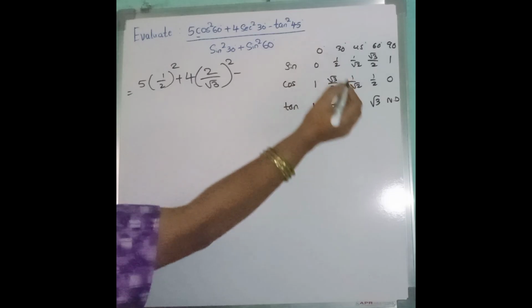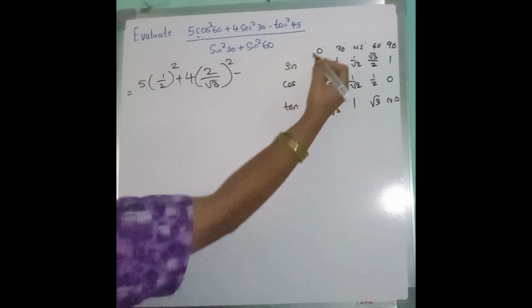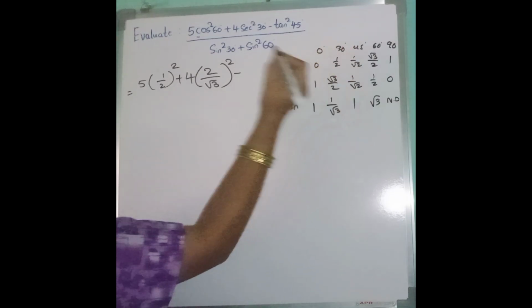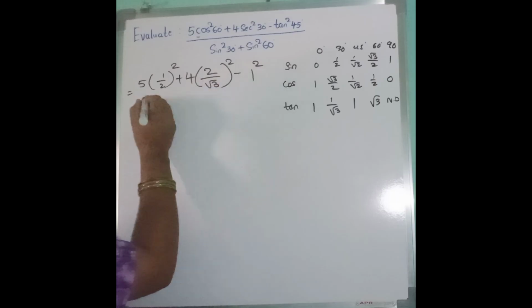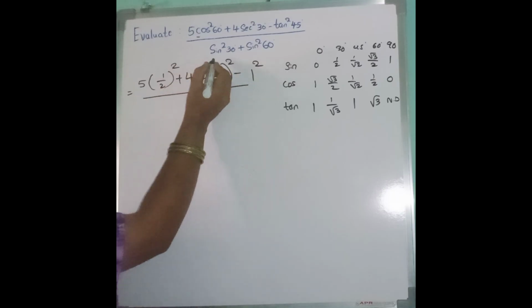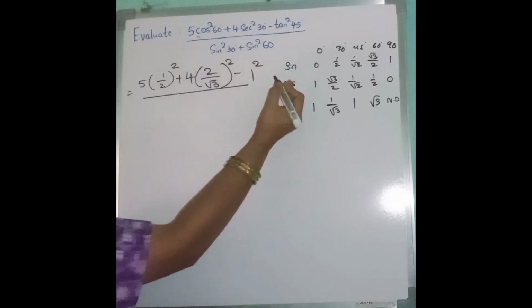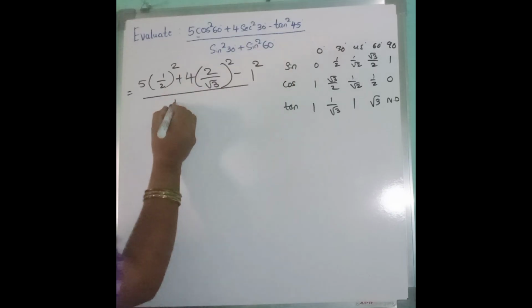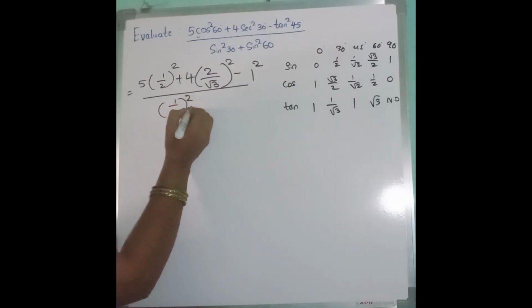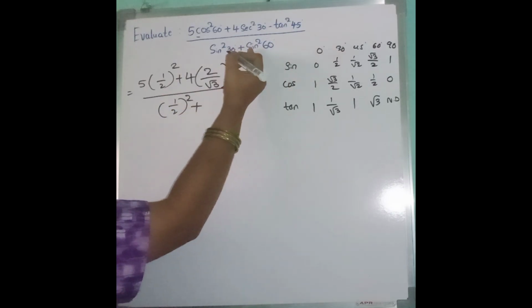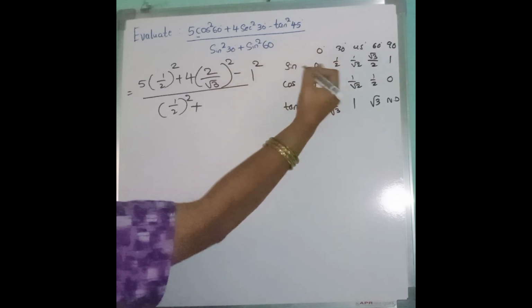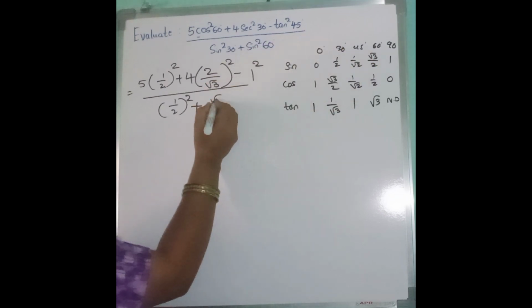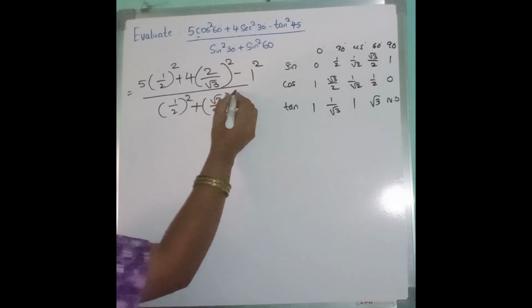Minus tan square of 45 degree. Tan 45 degree is 1, that means 1 square, divided by sin square of 30 degree. The value of sin 30 degree is 1 by 2, 1 by 2 whole square, plus the value of sin 60 degree, which is root 3 by 2, whole square.